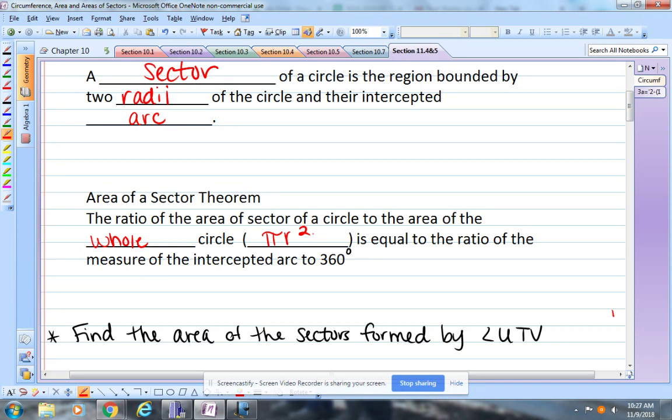So the formula for the area of a sector is the arc measure over 360 times pi r squared, because pi r squared is the area of the whole circle. Because a sector is part of a circle, it's not the whole thing, that's why you use this fraction times the area of the whole circle.